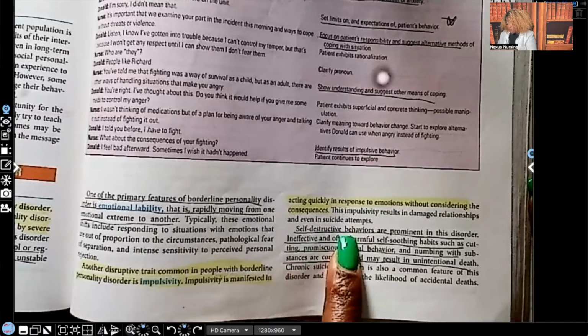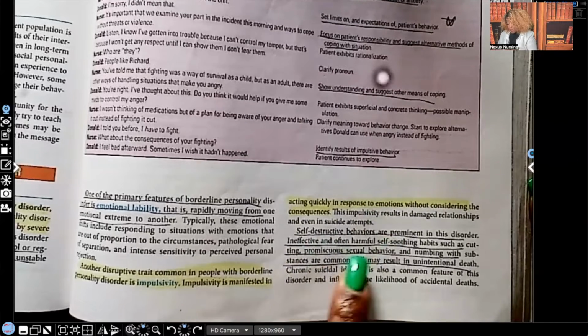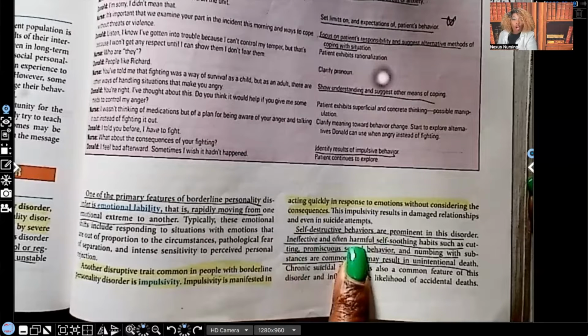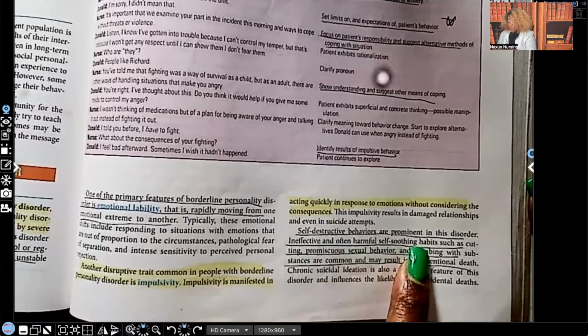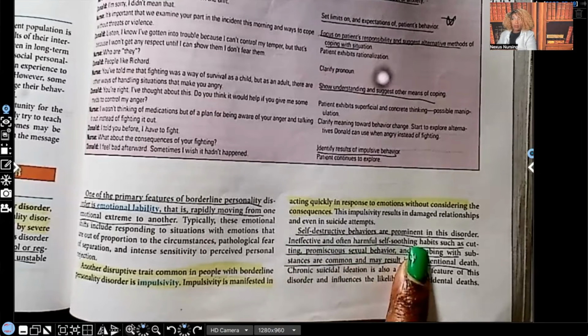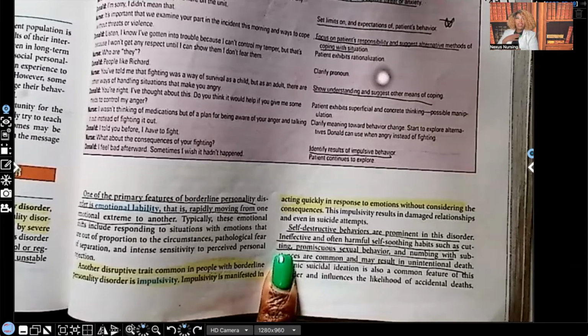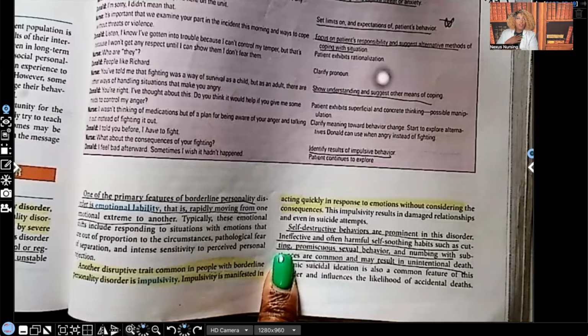Self-destructive behaviors are prominent in this disorder. Ineffective and often harmful self-soothing habits, such as what I'm about to go over, guys. This is important to know specifically for borderline. Cutting. When they feel pain, or they feel anger, or they feel frustration, patients with borderline personality disorder, we see this is very common, they will cut themselves.